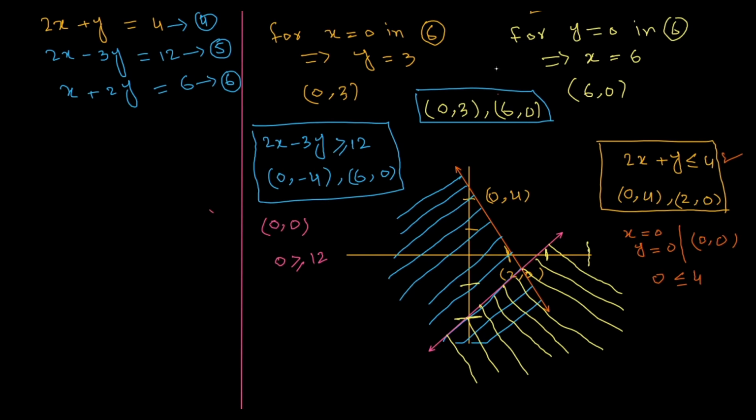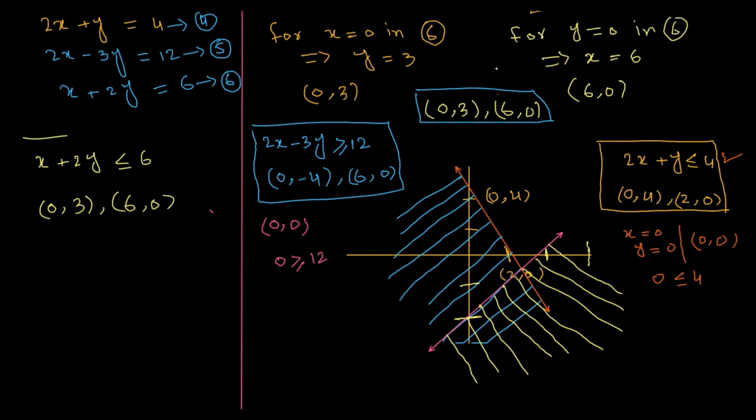And the third inequality is x plus 2y, which is less than or equal to 6, and the corresponding points for this inequality are 0 comma 3 and 6 comma 0.